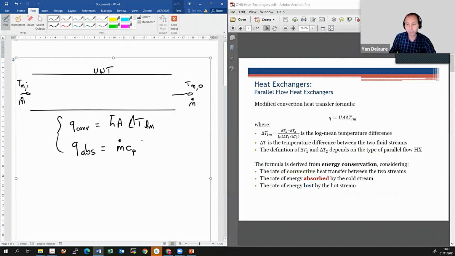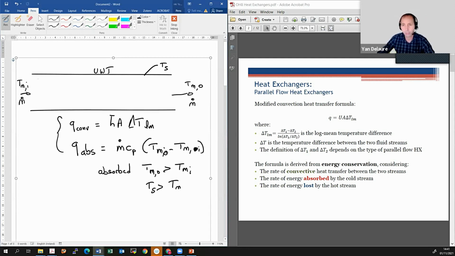m dot Cp, the specific heat capacity at constant pressure, multiplied by Tm,i minus Tm,o. So in that case, it's absorbed by the fluid because the fluid's, sorry, I've got the other way wrong, Tm,o minus Tm,i, because Tm,o is greater than Tm,i, and that condition is met on the condition that the temperature of your wall, Ts, is greater than Tm at any point, essentially.